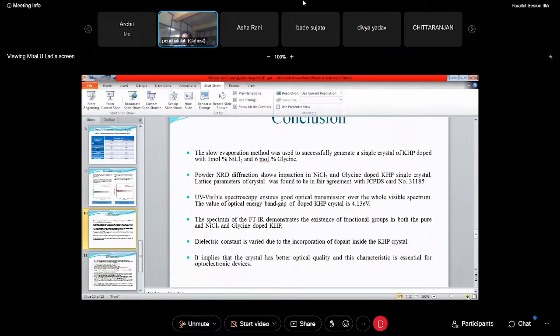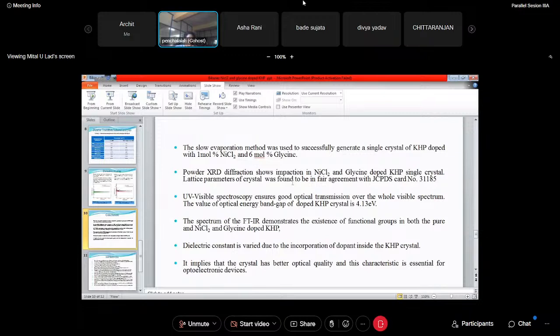Press the symbol. Not that symbol. Next to 100%, one symbol is there. That symbol is the presentation symbol. You press that. If it's not working from your side, simply explain. We are running short of time. You have already taken a lot of time. Yes, proceed.